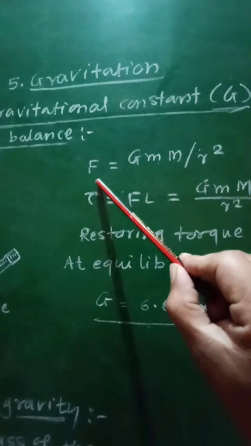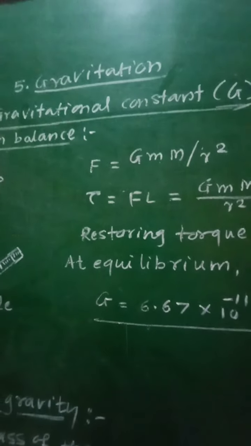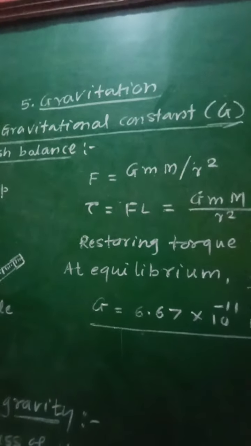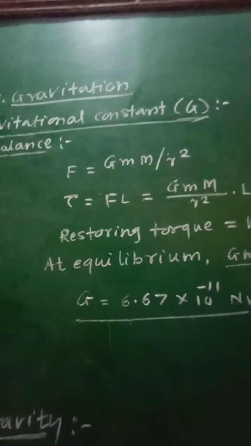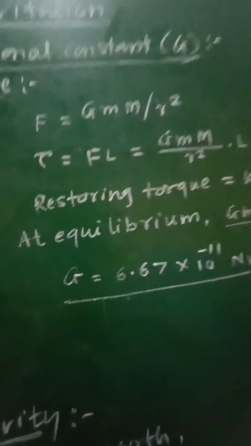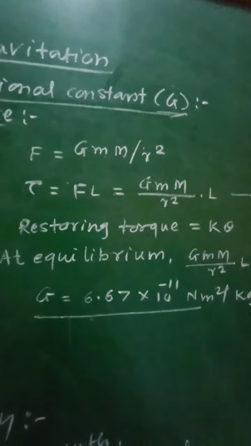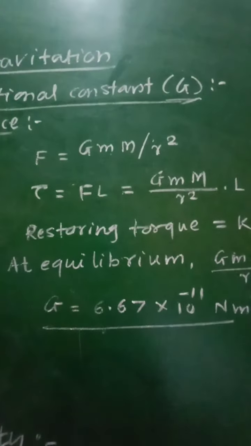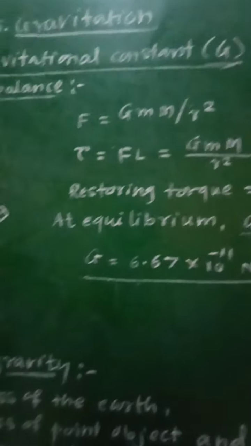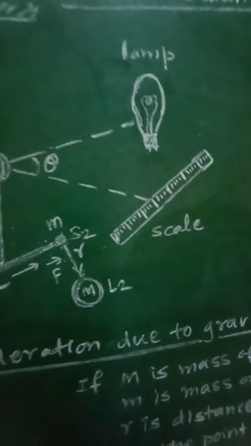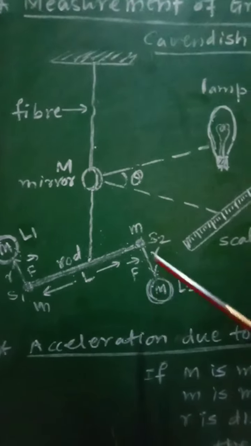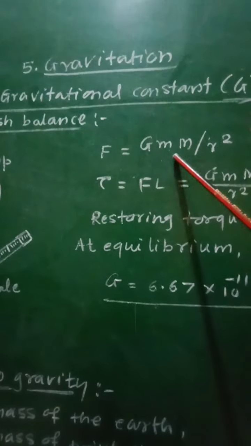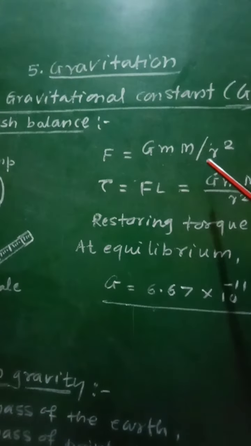This is the gravitational force between the two neighboring spheres. These two spheres as well as these two spheres will be acted upon by this gravitational force, F is equal to GMm by r square.